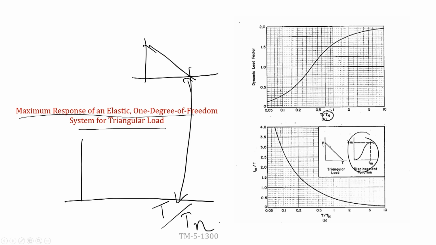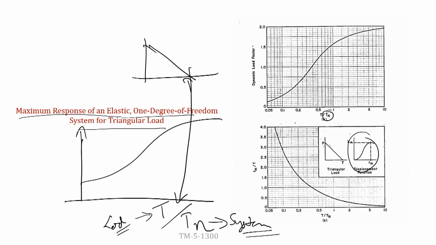So, this is the natural period of the system. This is the signature of the loading, this is the signature of the system, and the upper curve is showing the dynamic load factor, that is Umax divided by UST. The maximum value that we can see is approximately 2.